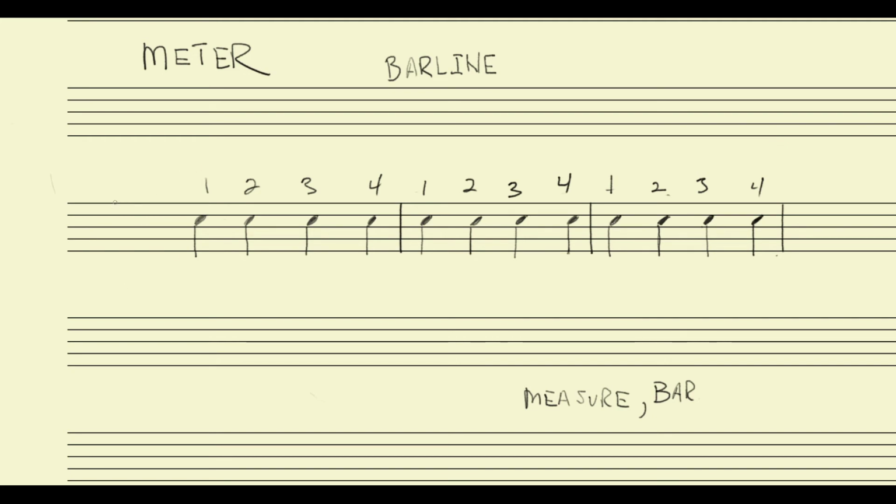We also have a musical symbol that tells us exactly what the configuration of beats in a measure is going to be, and that is the symbol that is known as the time signature.